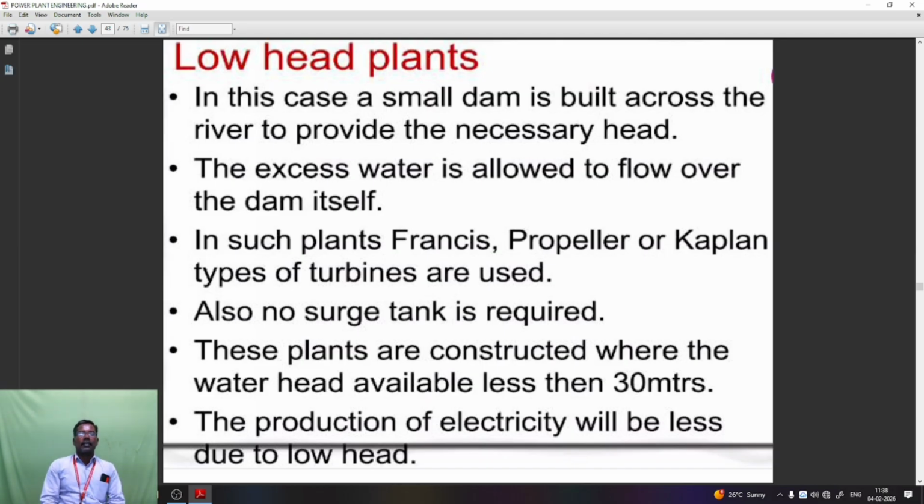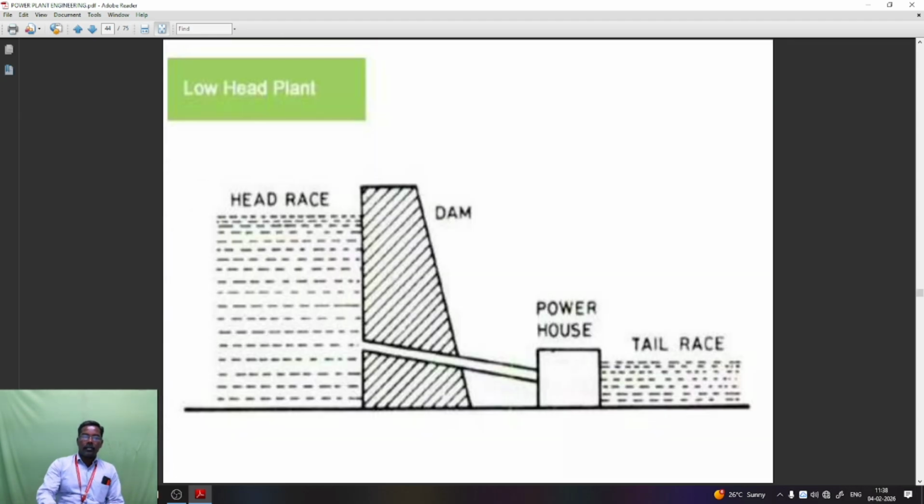These plants are constructed where the water head available is less than 30 meters. The production of electricity will be less due to low head. This is a low head plant: head race, dam, powerhouse, finally tail race.